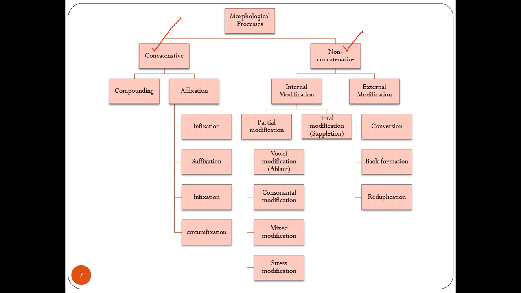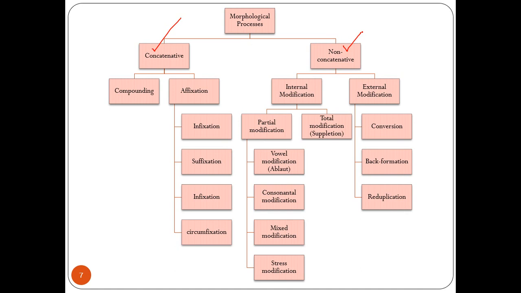But in IP, everything is a process. Even affixation is a process. Compounding is also a process. They call such processes addition. And the rest of the processes that we have under the term non-concatenative are all modifications, different kinds of modifications, which I'll explain in a while.